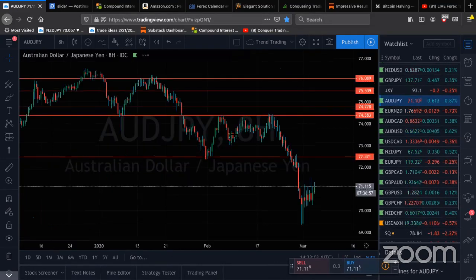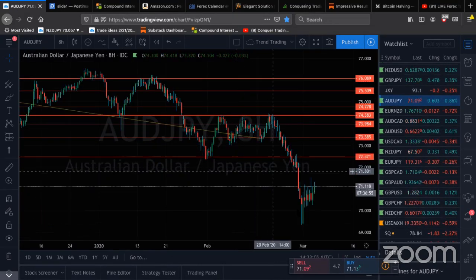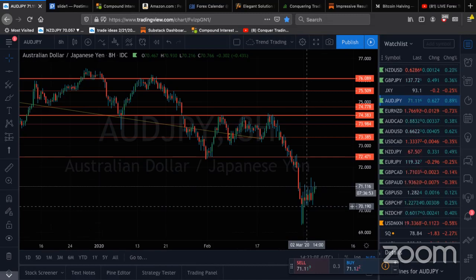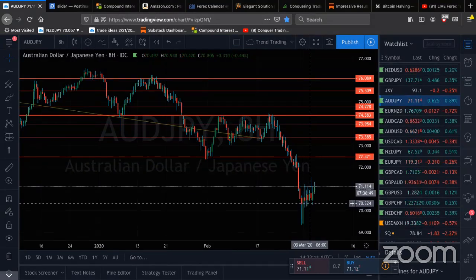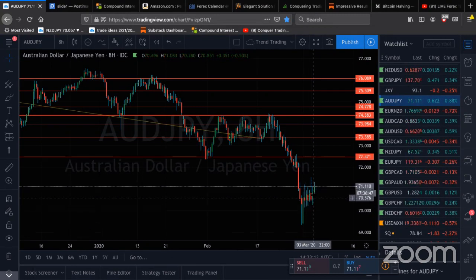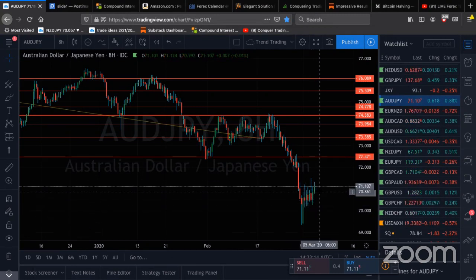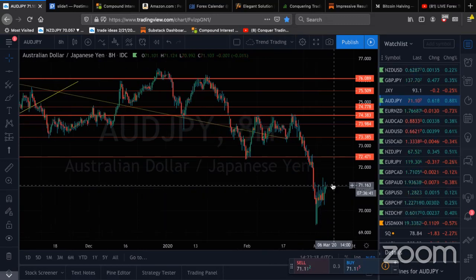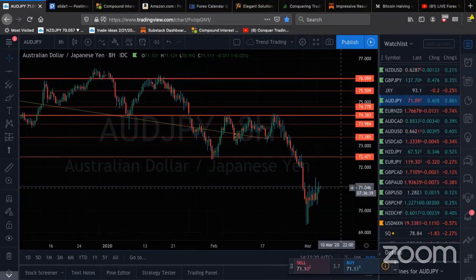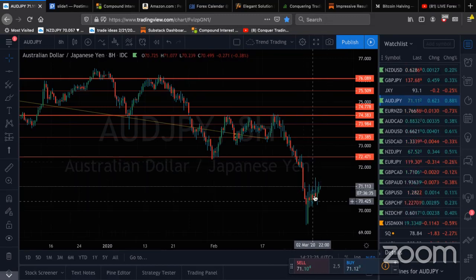Australian dollar, Japanese yen. Again, down here, we talked about this in the weekly Forex forecast. This was a play to look for as a counter trend trade. It hasn't really come up that far. It's come up about 100 pips, which is not a lot. And again, this is the theme I'm seeing in the Japanese yen pair. I'm seeing them consolidating. I'm not seeing a rebound, right?